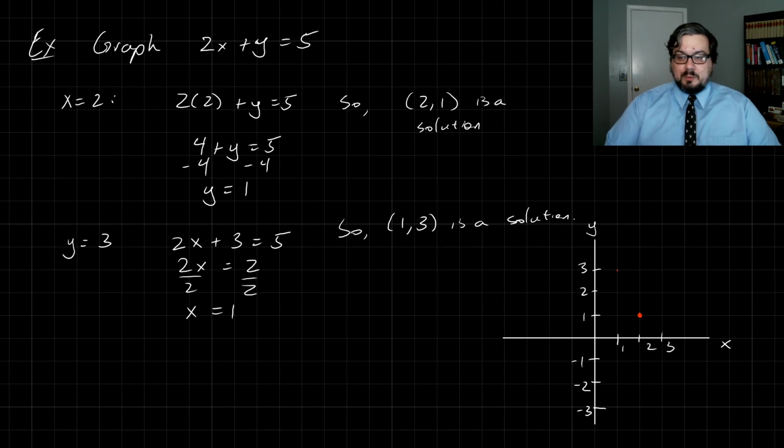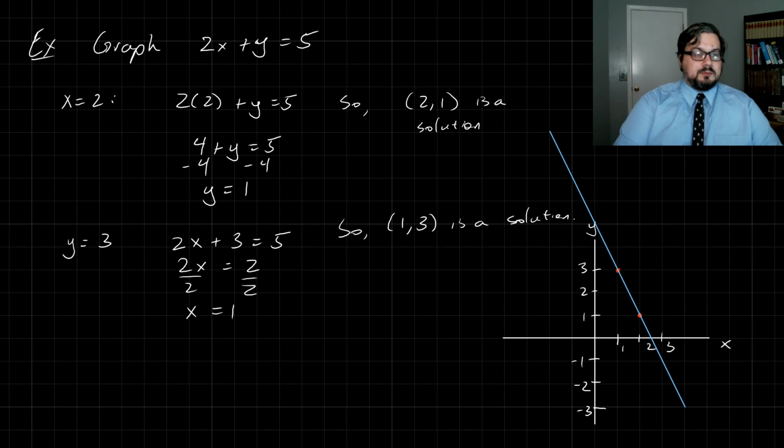We also have that the point 1 comma 3 is a solution. So there's our other one. We now have 2 points in the plane, and therefore there's only one line that goes through both of them. And that line is the solution set to this equation.